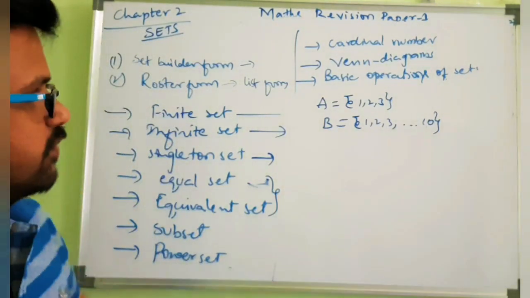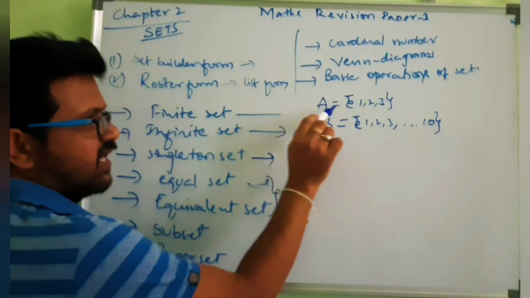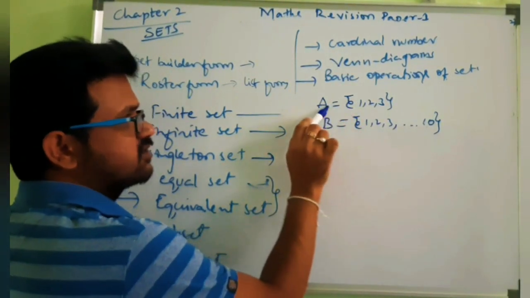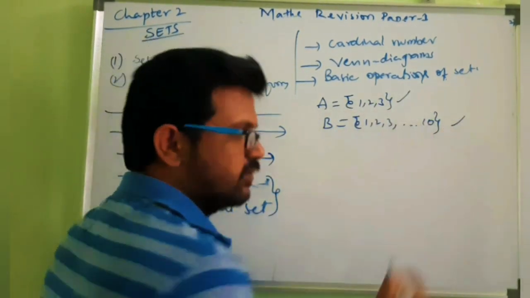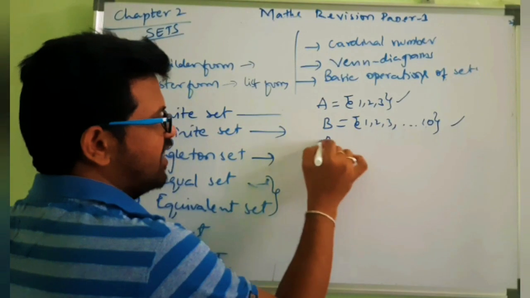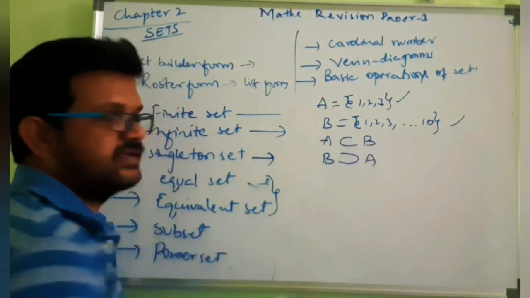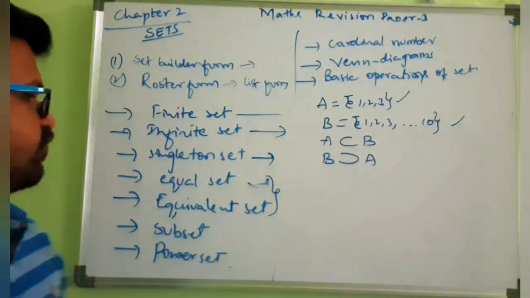So here if you observe, 1 belongs to A and B, 2 belongs to A and B, 3 also belongs to set A and B. Each and every element of set A is present in set B. So we can write that A is a subset of B and B is a superset of A.